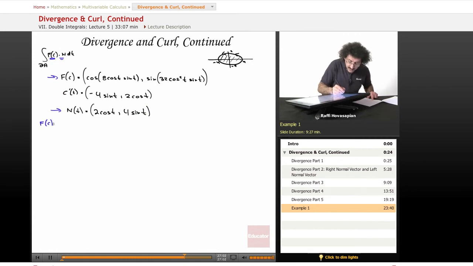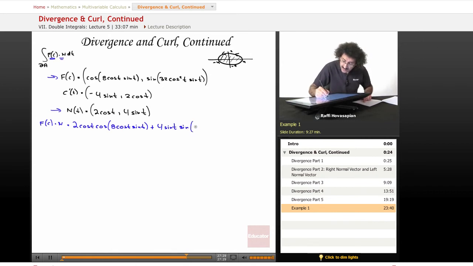That's all I'm doing, just plugging things in. f of c dot n is equal to 2 cosine t times cosine of 8 cosine t sine t, plus 4 sine of t times the sine of 32 cosine squared t sine of t. It's a little long, so I'm just going to refer to this as z.